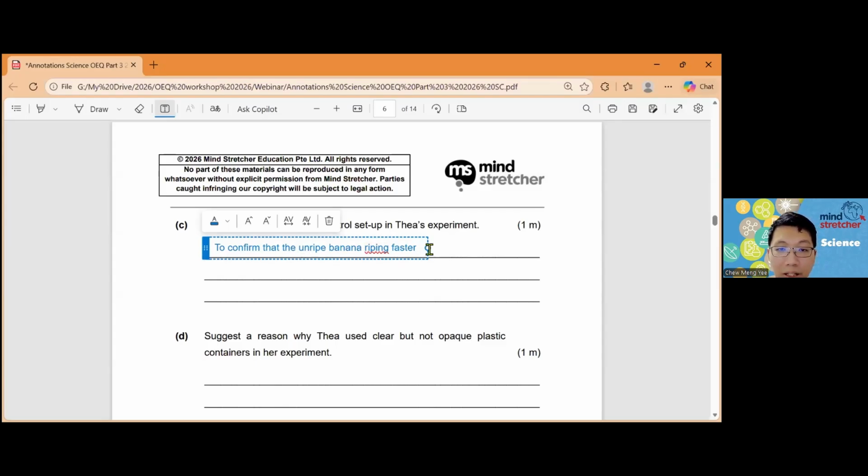To confirm that the unripe banana ripening faster is only caused by the ripe banana. Okay, because that is the changed variable, the presence of the ripe banana. And to finish it up, and not other variables in the experiments.